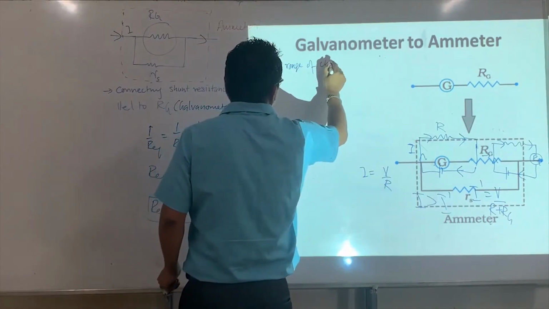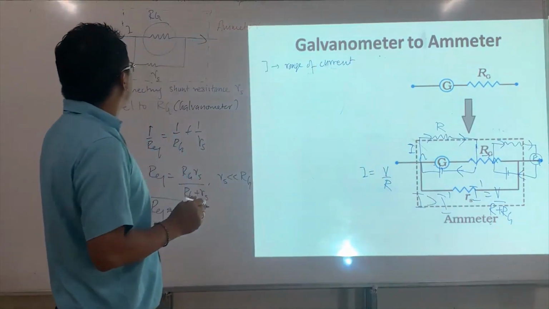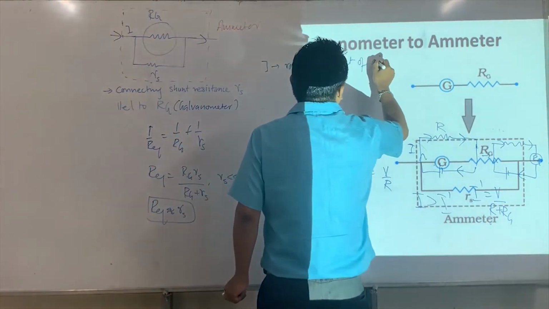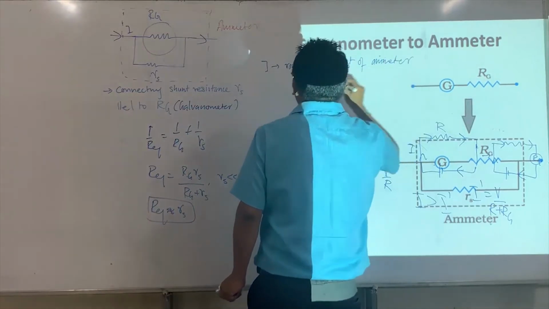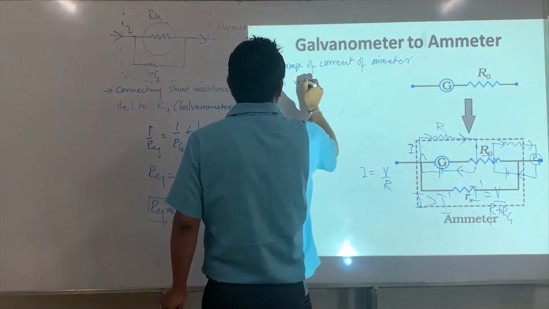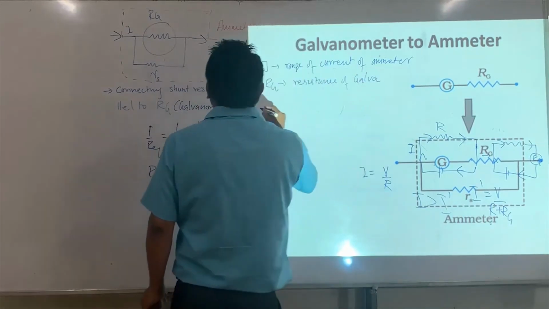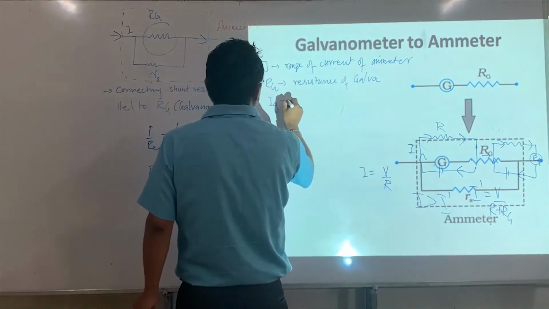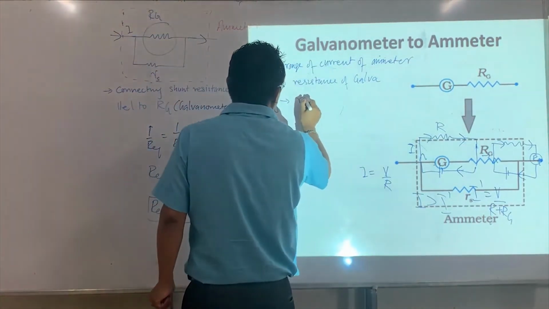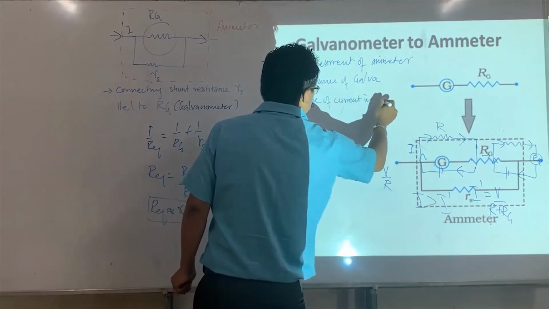That is, I is the range of current of the ammeter, Rg is the resistance of the galvanometer, and Ig is the maximum current in the galvanometer, the range of current in the galvanometer.